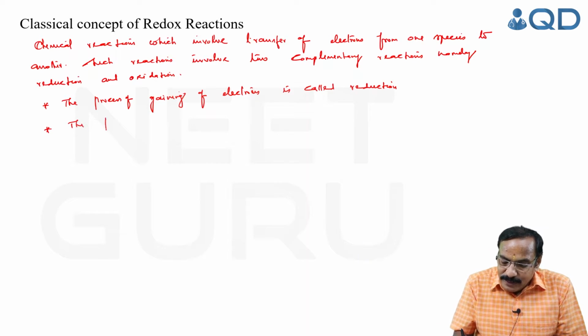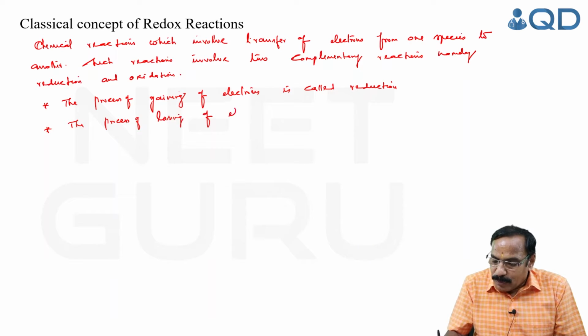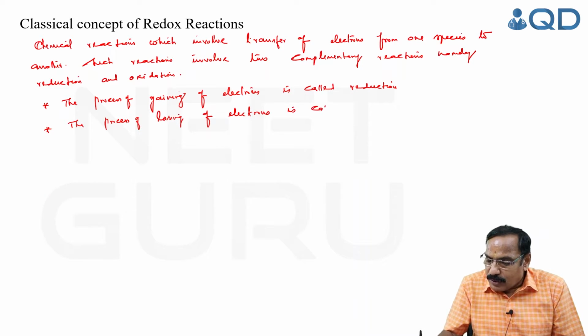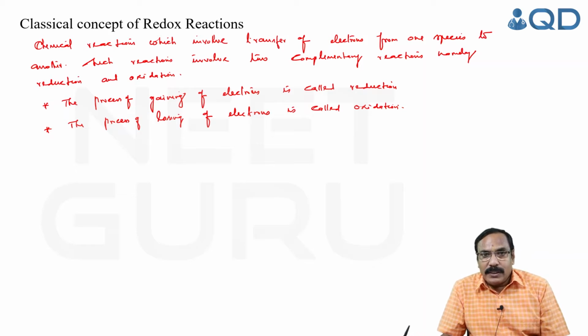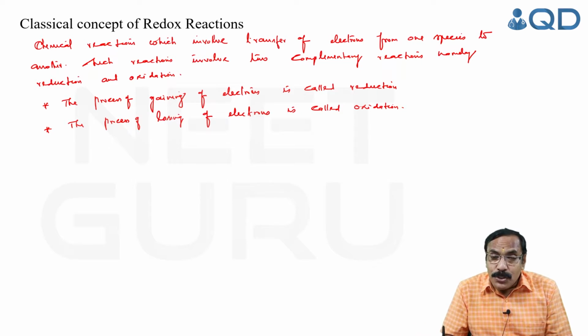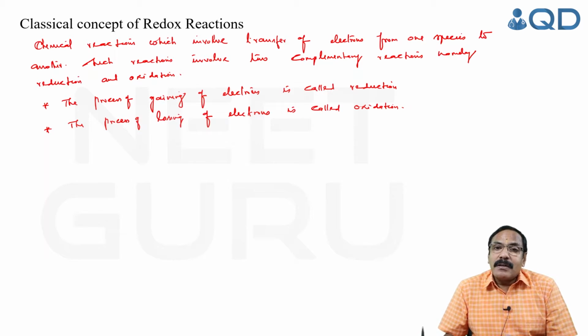And the process of losing of electrons is called oxidation. Remember, reduction alone will not occur without oxidation. For reduction to occur, there must be oxidation also, right? Remember, redox reactions are promising sources of energy.